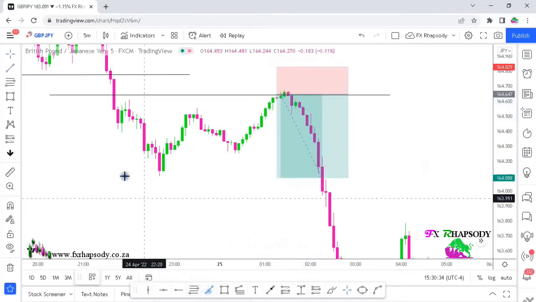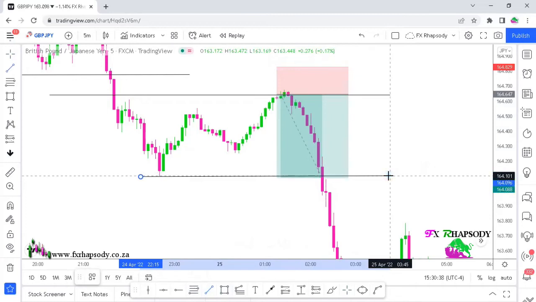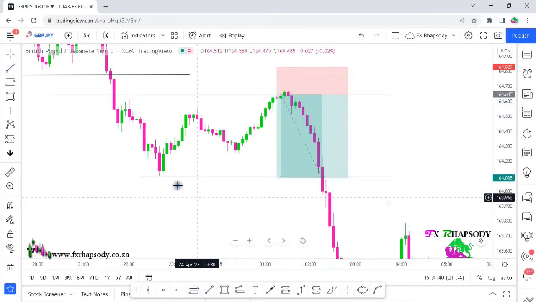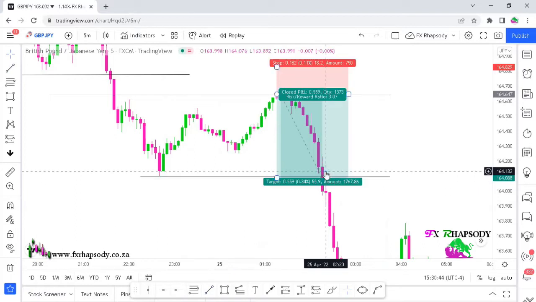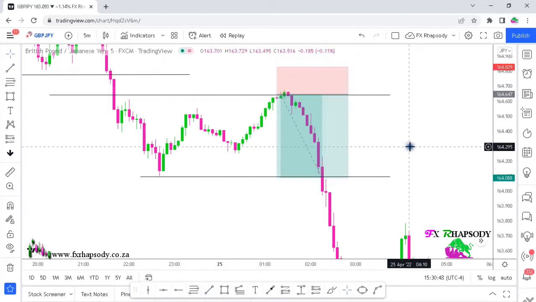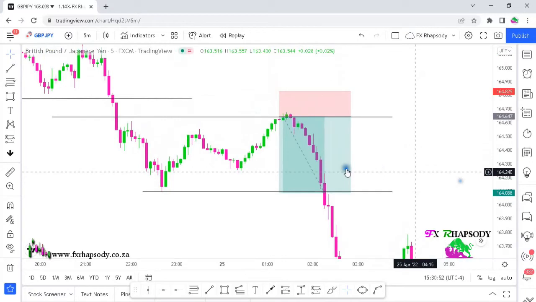I know price is going to be hunting that area right about there. That's going to be my target area. So you can see 55, 56 pip reward for 18 pip risk. Not a bad start for a Monday.